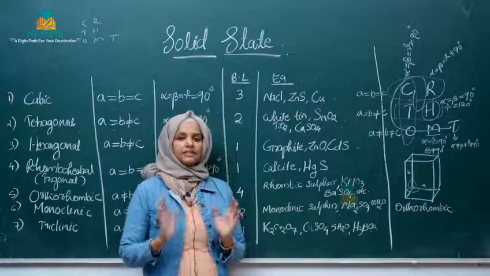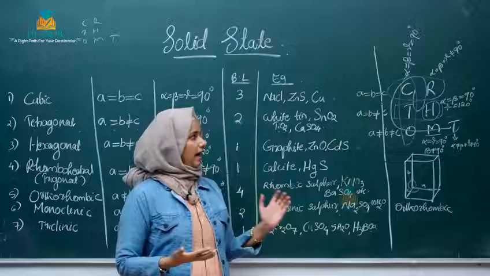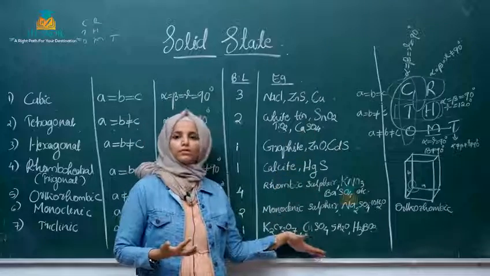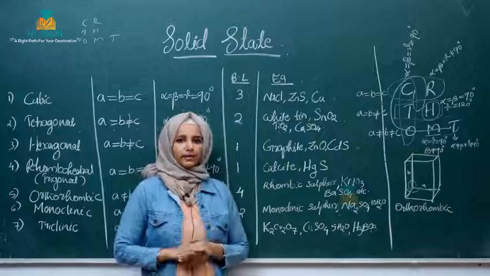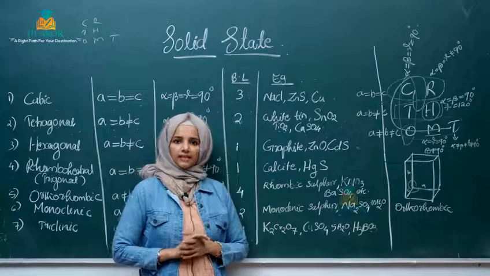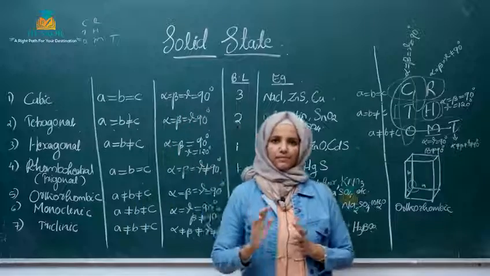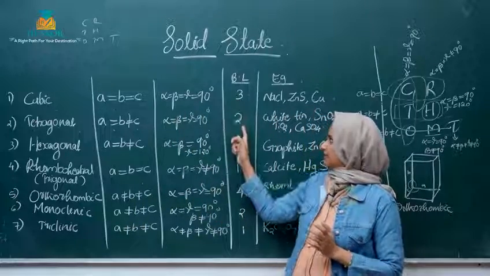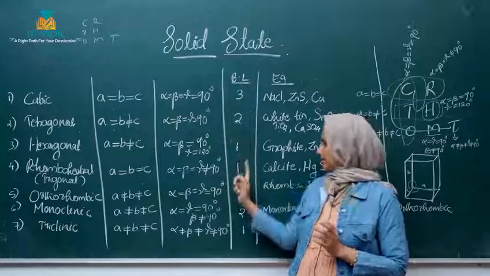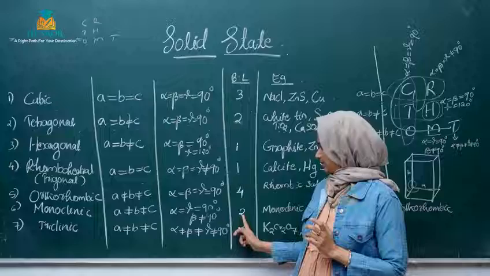So these are the 7 crystal systems with their Bravais lattices, and you also have to be thorough with some examples. They will ask one-word questions like examples, so you should be thorough with these examples also. And I told you we have 14 types of Bravais lattices. Just count: 3, 2, 5, 6, 7, plus 4, 11, 13, 14.